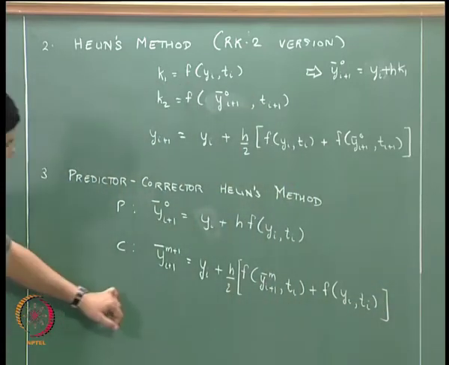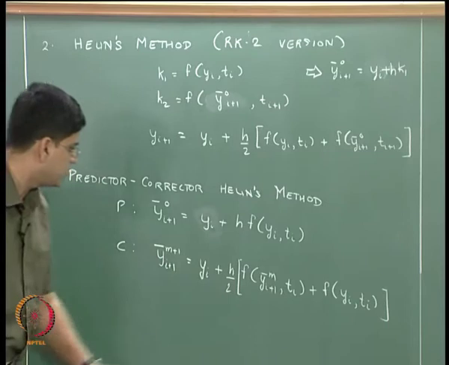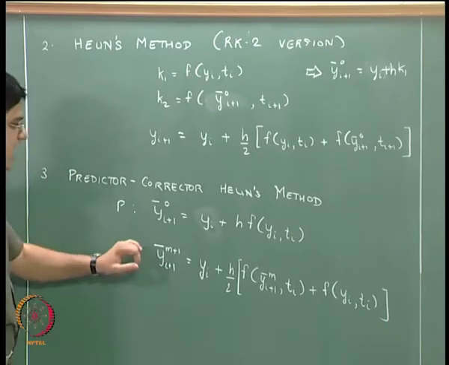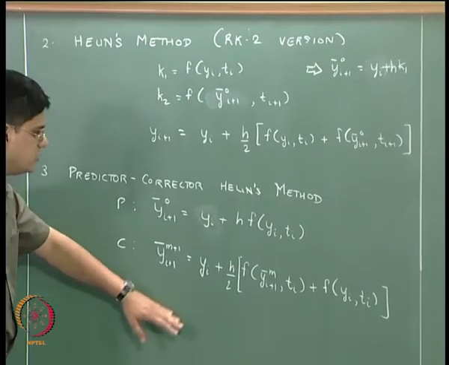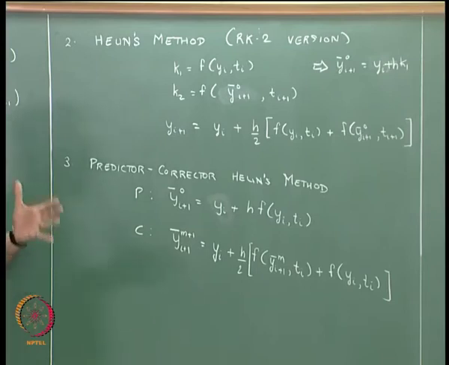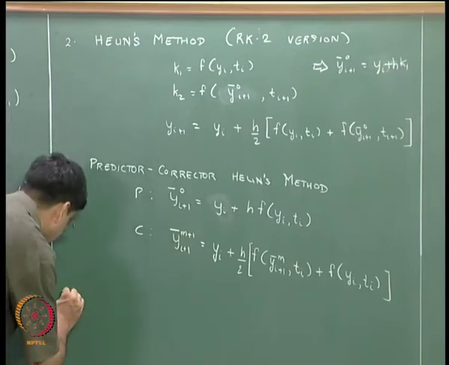Okay, so this is what we are going to use as the corrector equation for the predictor corrector Heun's method. And if we keep using this particular equation until convergence, we will get the Crank-Nicolson method.